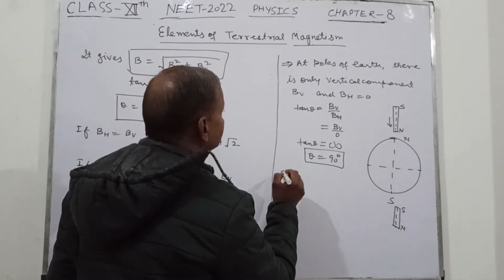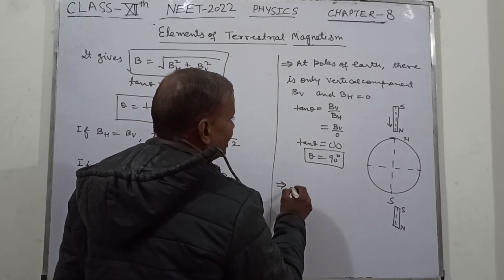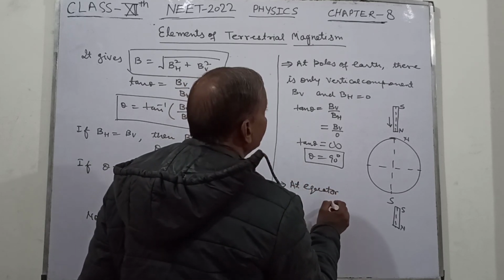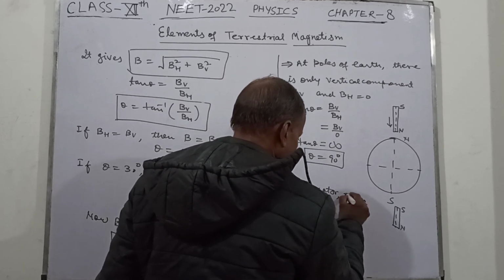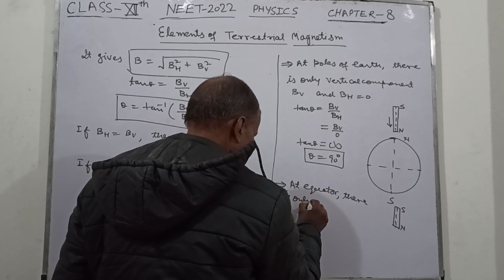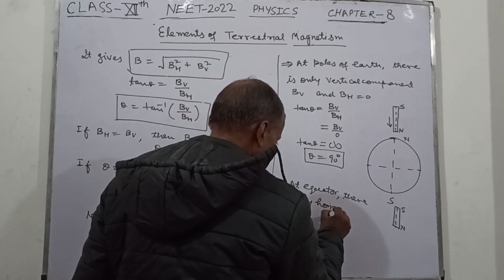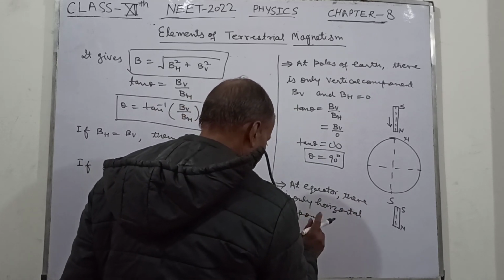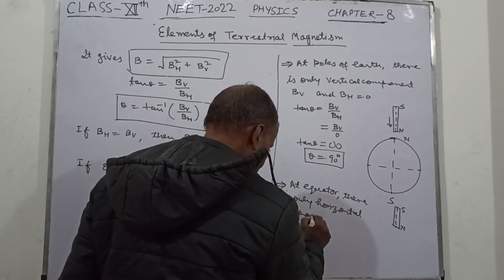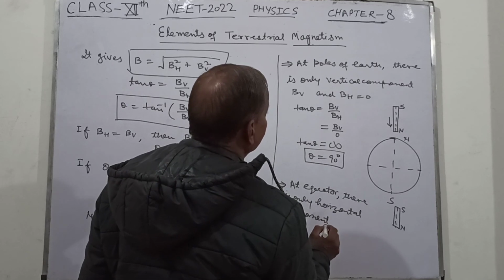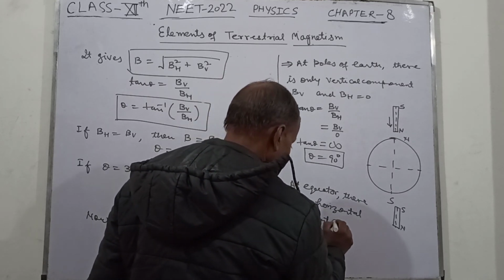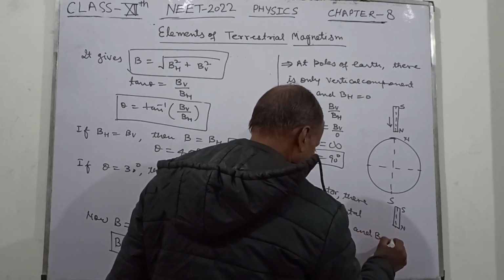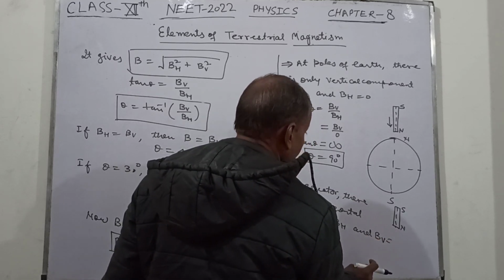And at the equator, there is only the horizontal component BH, and BV, the vertical component, is 0.